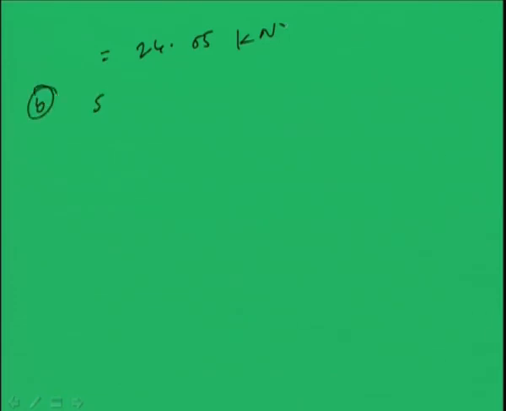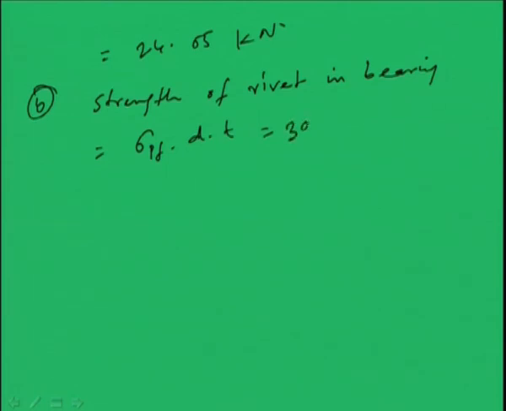Now the strength in bearing also we have to find out, strength of rivet in bearing. This can be calculated from this formula, sigma Pf into d into t. Now sigma Pf, the bearing stress, is 300 for power driven shop rivet, and the gross diameter of the rivet is 17.5, and thickness is given as 10 mm because the angle we have chosen has 10 mm thickness.